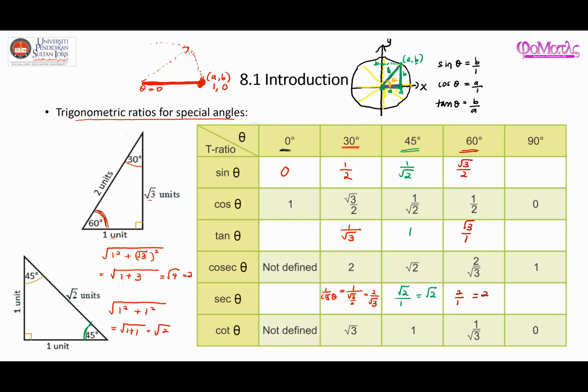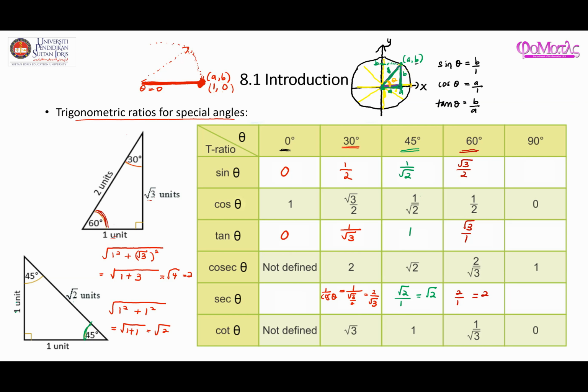Now, for cosine of theta when theta is 0 is a over 1. And my a is 1. So 1 over 1, the answer is 1. For tangent of theta is b over a. So b is 0, 0 over 1, the answer will be 0.